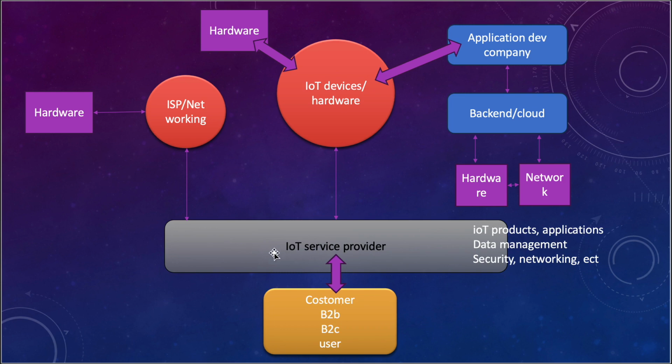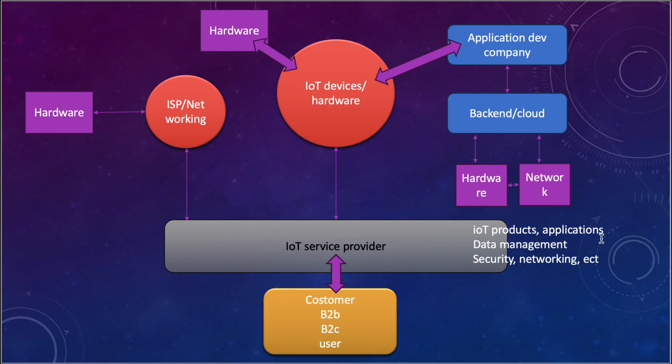End of the day, all this will be done by contracts and everything, right? I'm not going into that side of things, but end of the day, the customer and the service provider, or the service management company, will be providing the customer the IoT services.